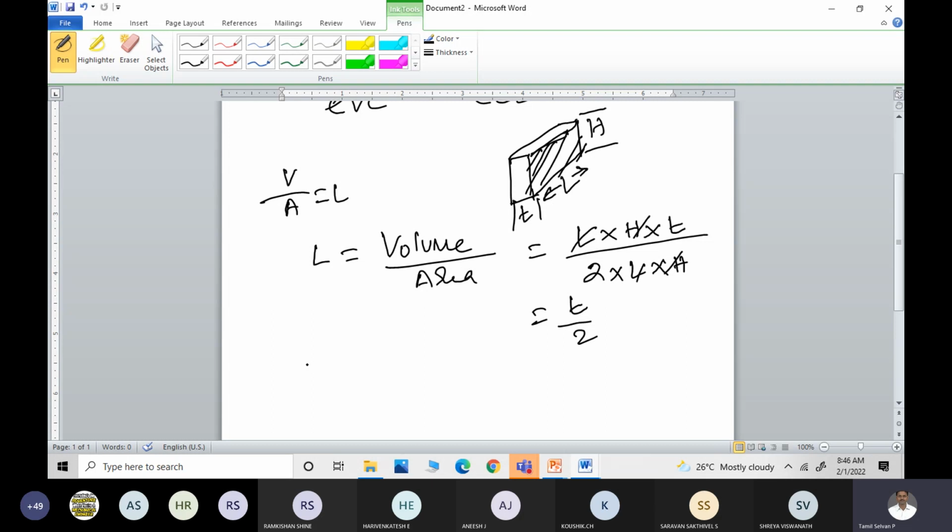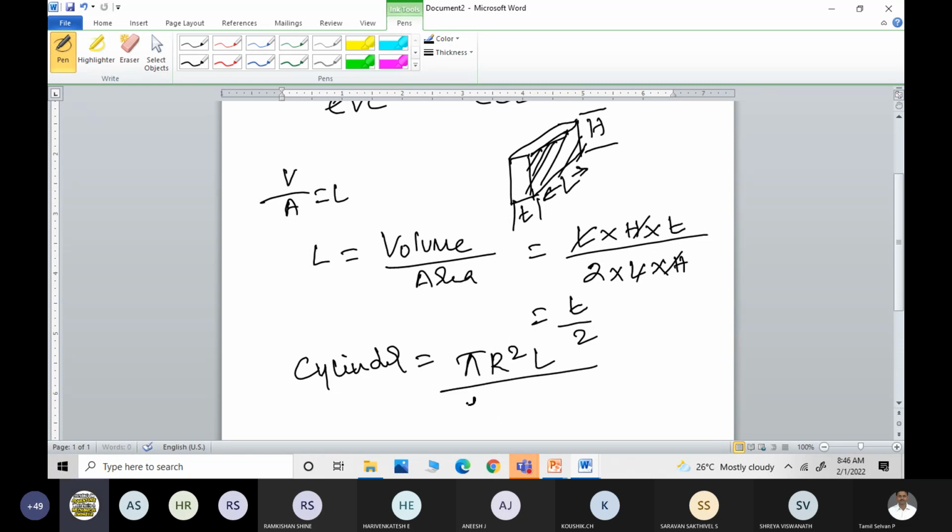Similarly, in the case of a cylinder, what is the volume of a cylinder? Students, all of you are there. What is the volume of a cylinder?